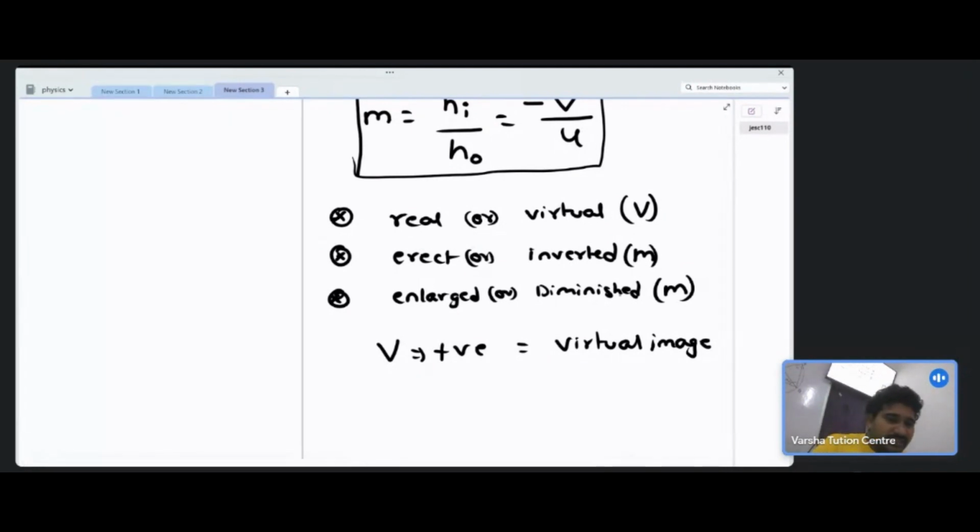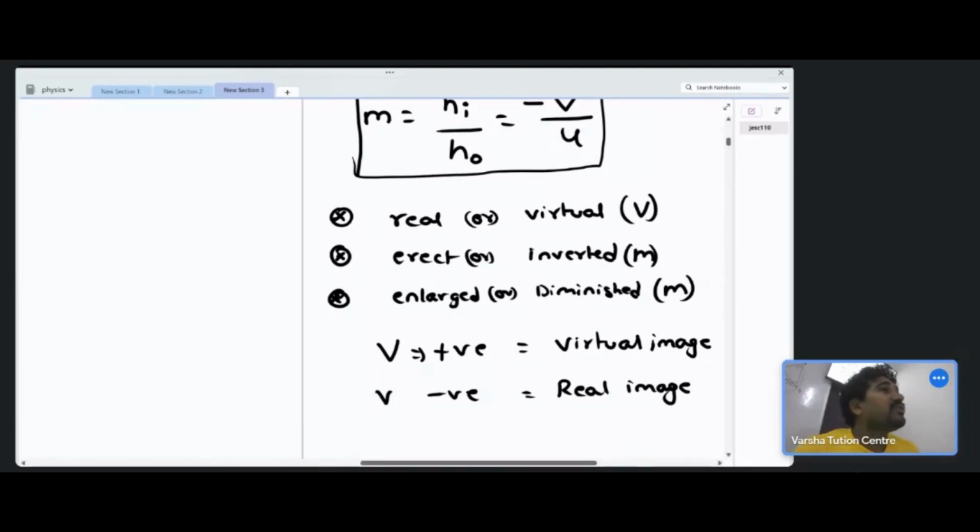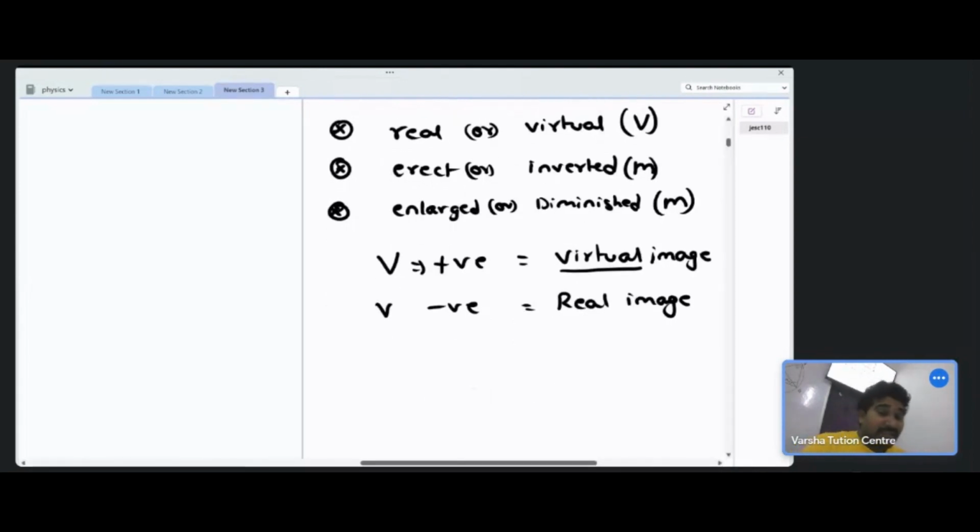If V is negative, it is a real image. So in a convex mirror, which image will always be formed? Virtual. A virtual image will be formed. Clear now?